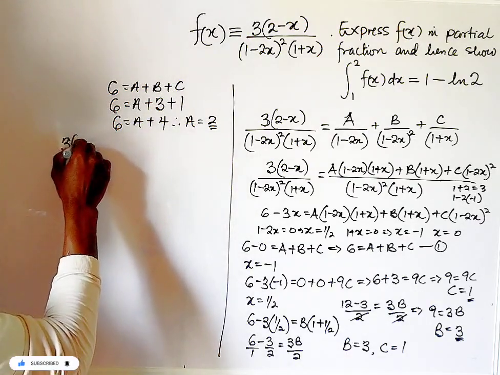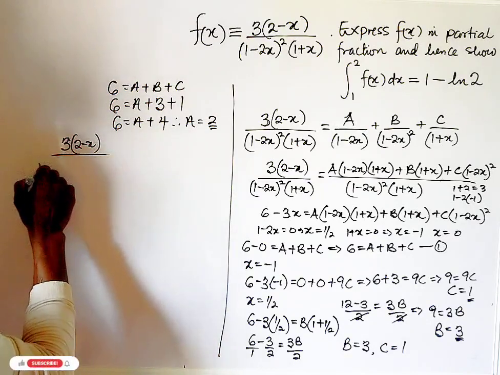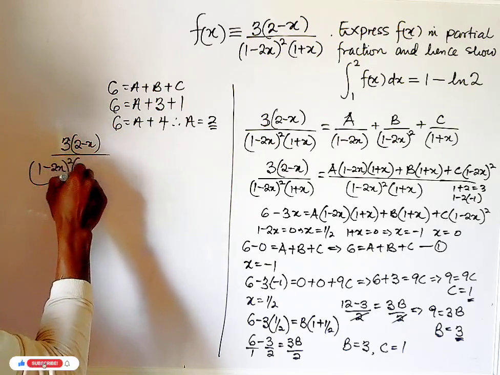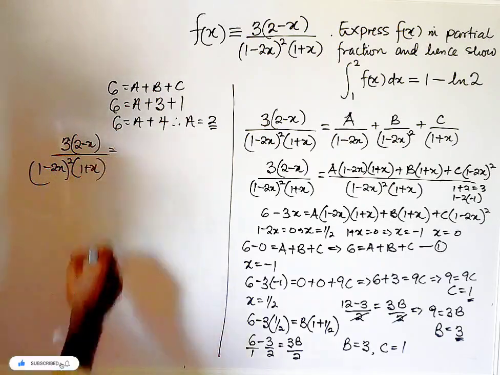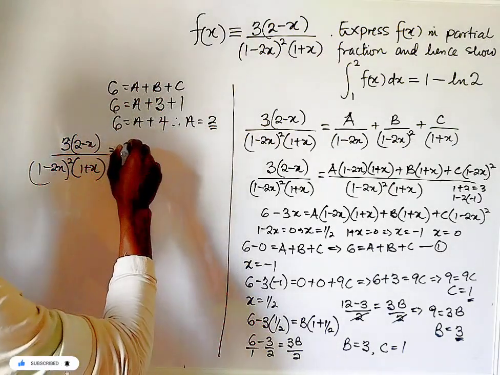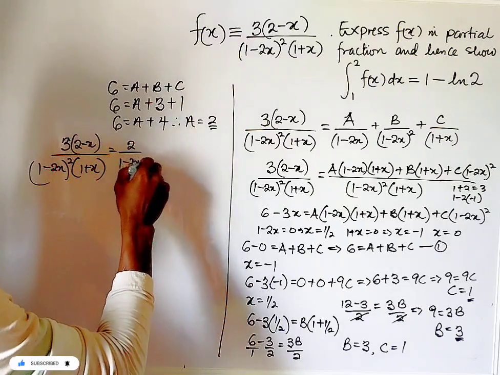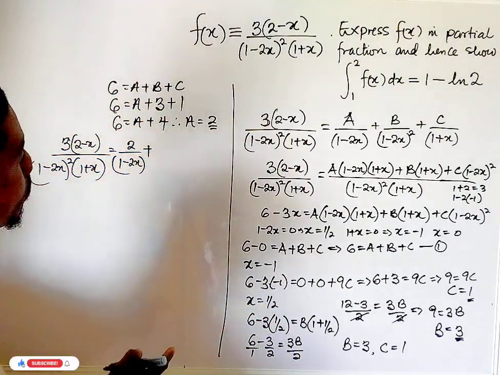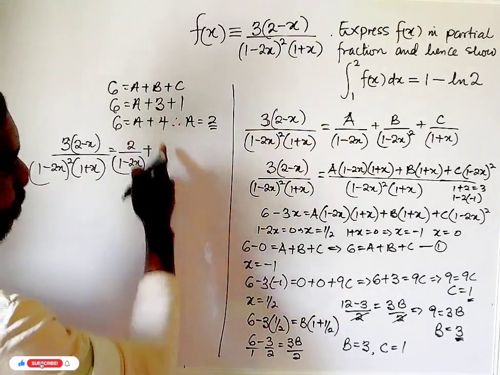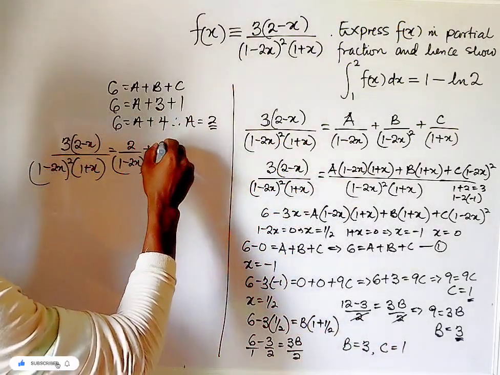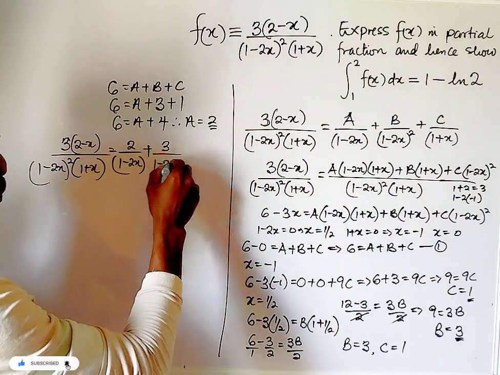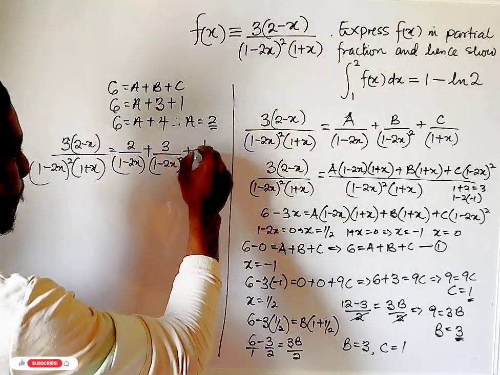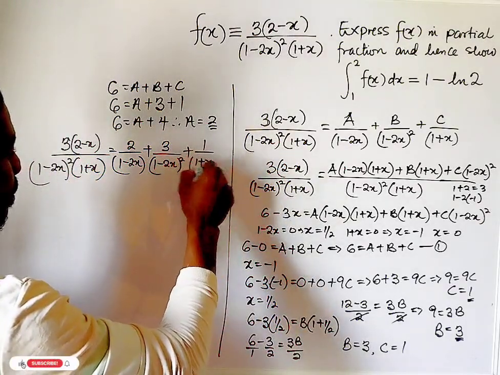Okay, so this whole composite fraction here then gives us 3 into 2 minus x all over 1 minus 2x all raised to the power of 2, 1 plus x, then gives us a is 2, we have 2 all over 1 minus 2x, now plus b, okay, b is 3, over 1 minus 2x all raised to the power of 2, then plus c is 1, then all over 1 plus what? x.